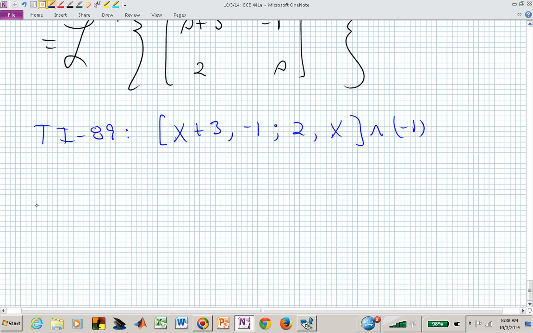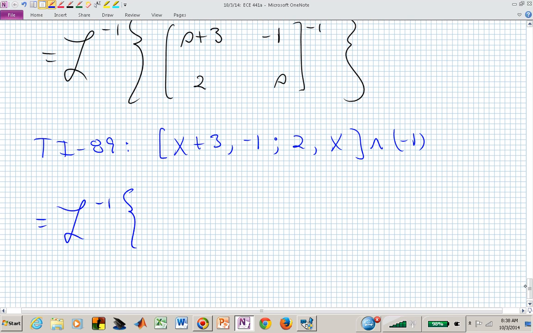Now we want to inverse Laplace transform that matrix symbolically. But how do we invert a 2 by 2 matrix? It's actually not too difficult. We take 1 over the determinant. The determinant is the product of the diagonals minus the product of the off diagonals, and that's minus 2.